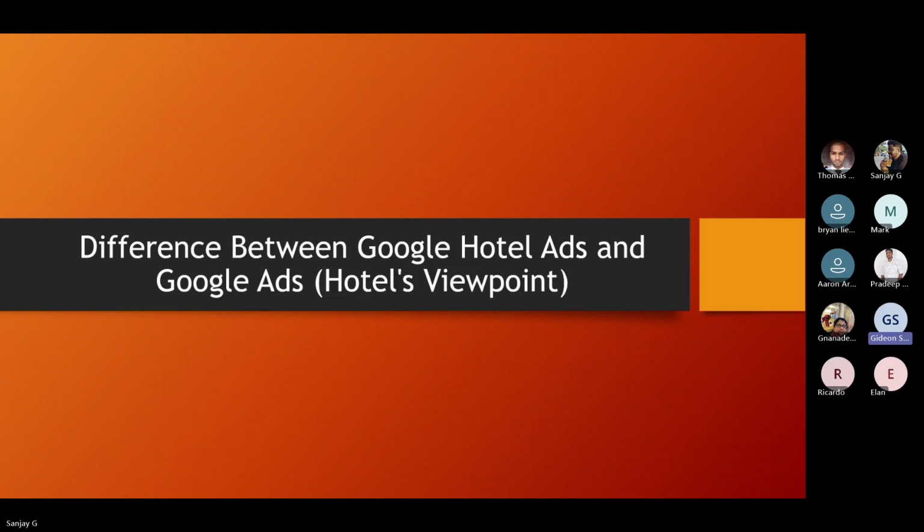Google Hotel Ads is completely free, there's no charge at all, if you do Google free links. Google Hotel Ads is very much based on your location, so you can define how much you want to spend per day, and your location will drive your pricing up or down.